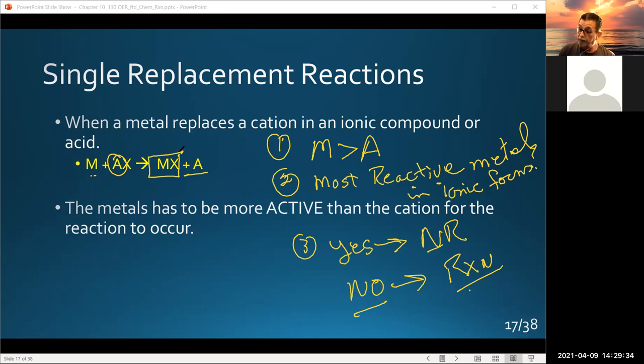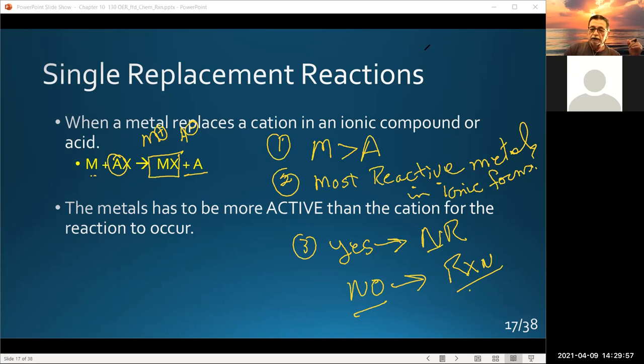So like we've been doing in the past, we write the ionic form first, M plus whatever charge, plus 2, plus 3, and then X, whatever charge that would be, and then we put it together to give us MX, making sure we put it together in the correct ratio.